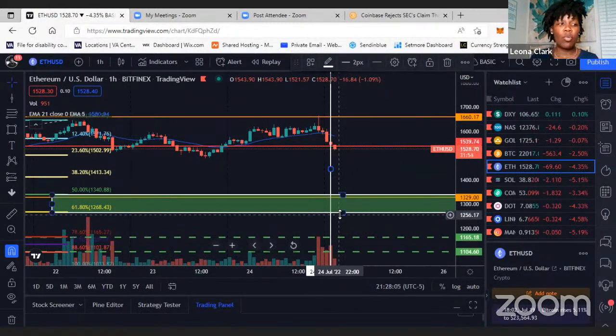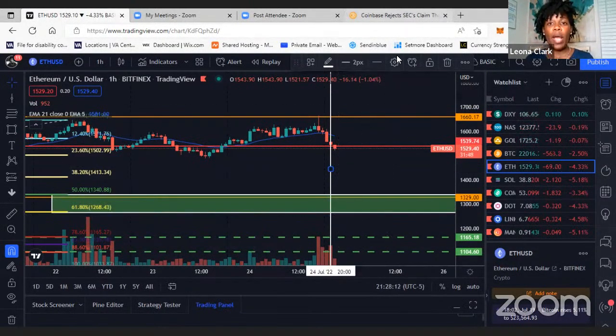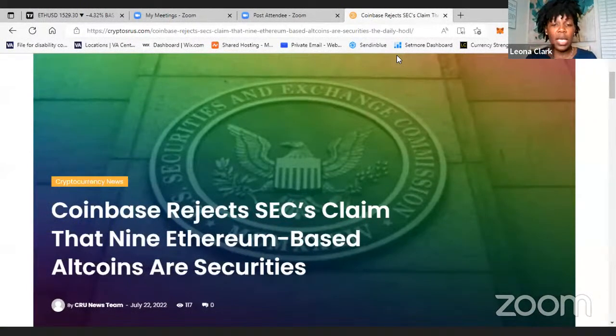Okay, so one of the things I do want to share with y'all as it pertains to cryptocurrency, and speaking of Ethereum, right now, Coinbase is rejecting the SEC's claim that they have 9 Ethereum-based altcoins on their platform that are securities. What this means is the SEC is pretty much attempting to get in Coinbase's business.